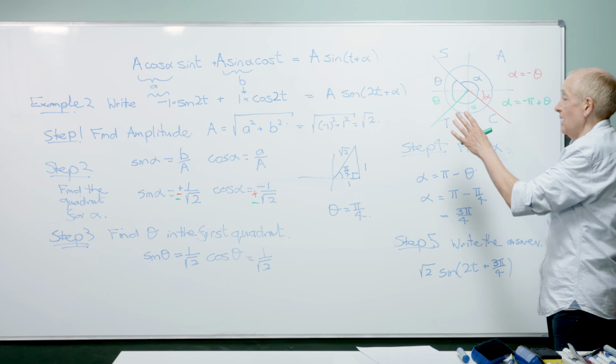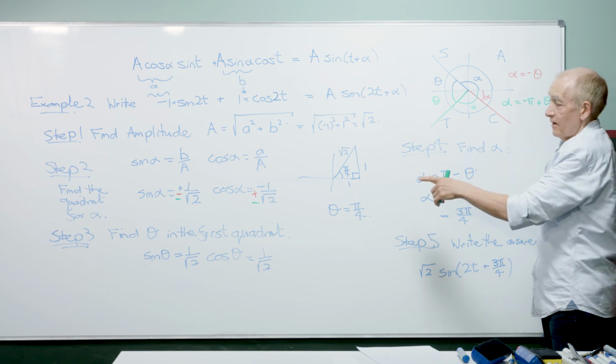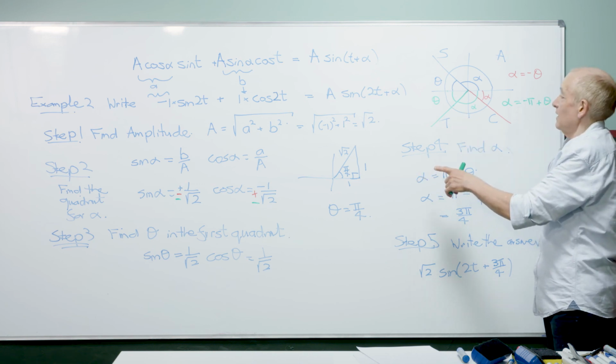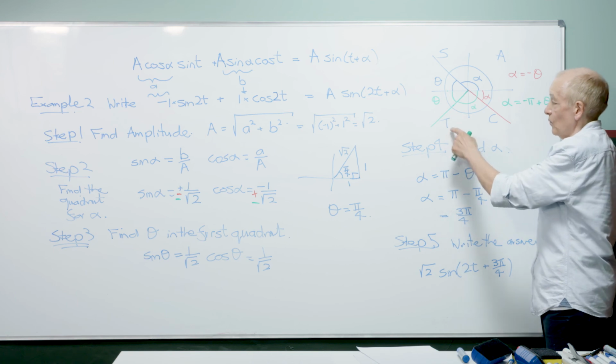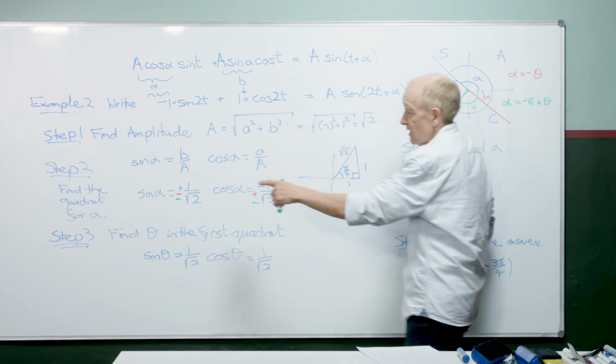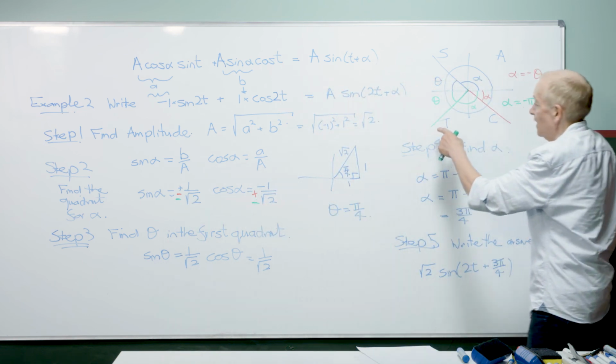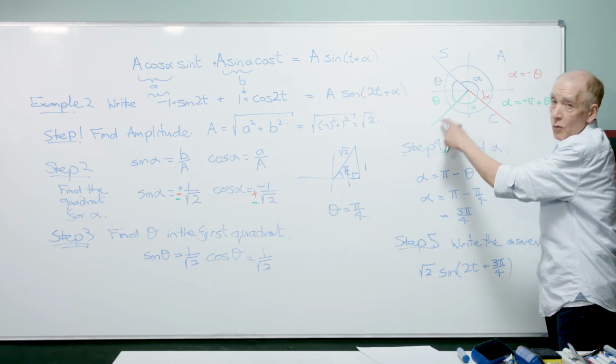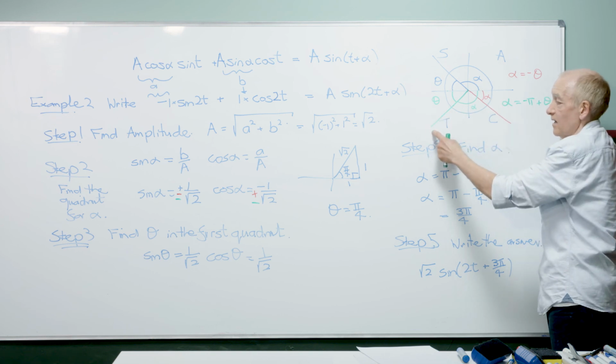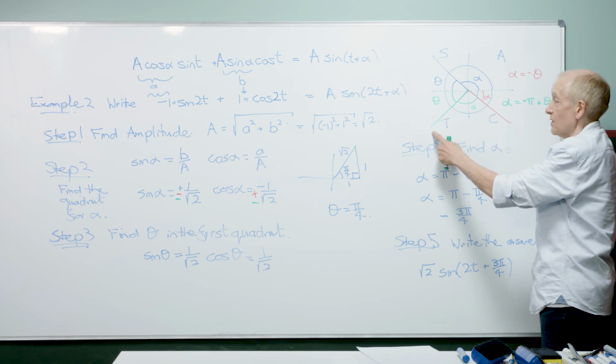For example, if I found tan was positive, let's say for the green case, if I got that sine was negative and cos was negative, we know in that case the angle will be in the third quadrant down here because sine and cos are negative.